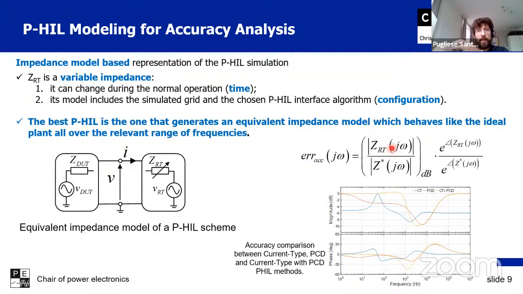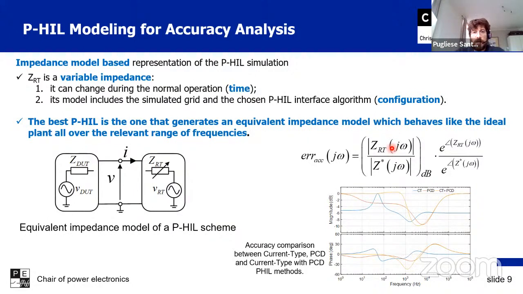Depending on the particular application and the particular results that I'm interested in, it could be that I'm interested in having perfect accuracy in a specific range of frequency, regardless of, for example, the high frequency range. It could be that, at power system level, I'm interested in being accurate in modeling my plant in a really low frequency range, while I can accept that really fast dynamics are negligible from a power system viewpoint.